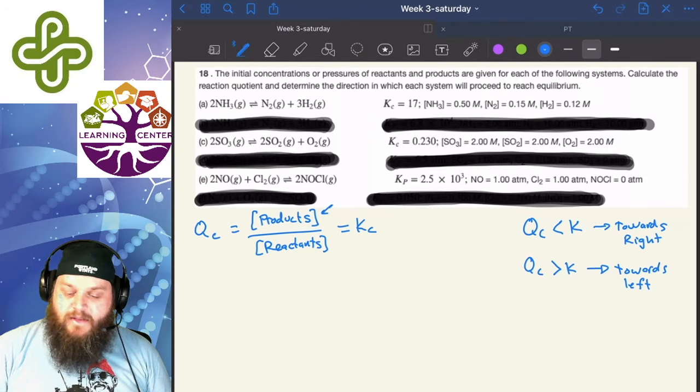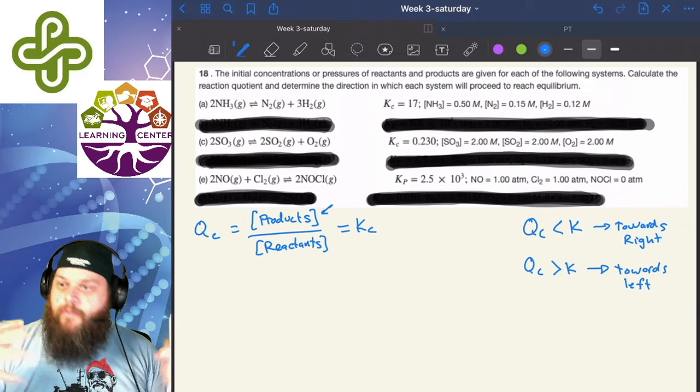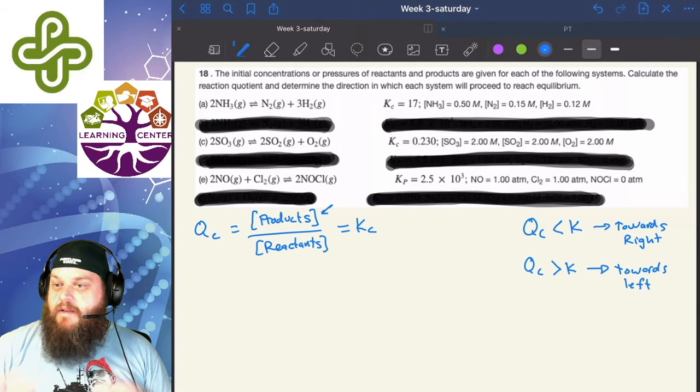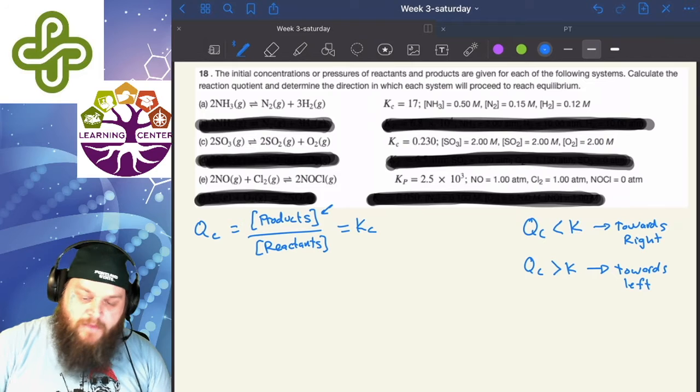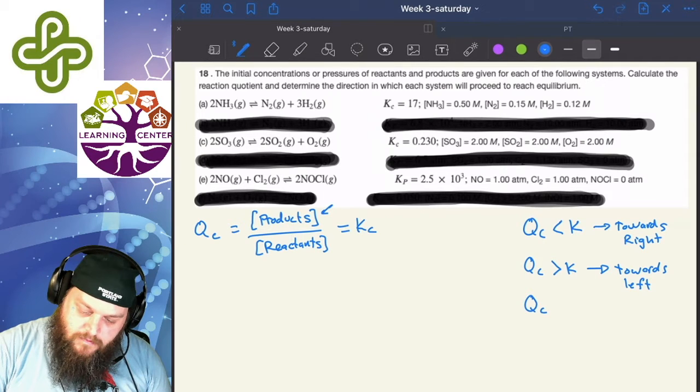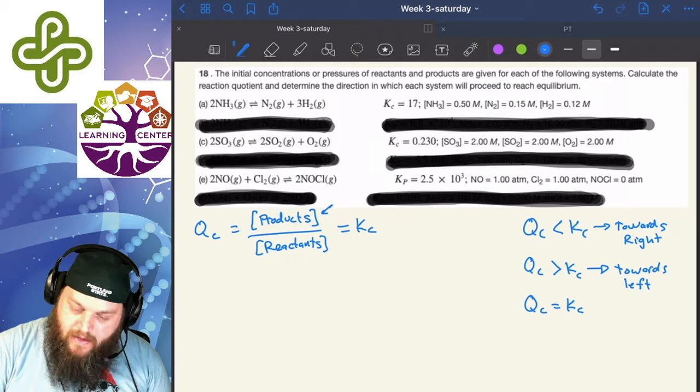We can see that in the math: the concentration of the products is now too big in relationship to the concentration of the reactants, which is too small, creating a larger number than Kc. If they're equal, then we are at equilibrium.